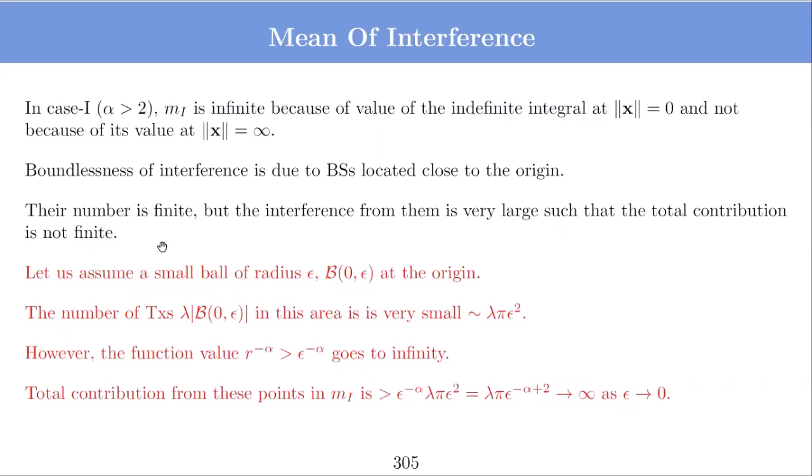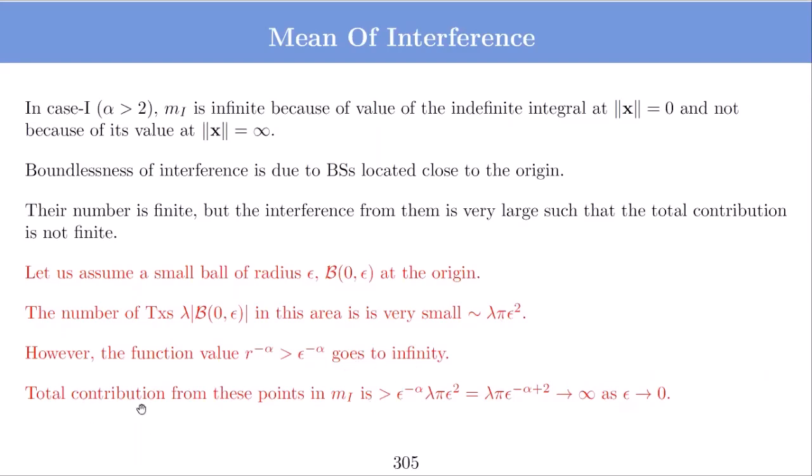Let's assume a small ball of radius epsilon at the origin. The number of transmitters in this ball is lambda pi epsilon square. The power from each individual transmitter in this area is r to the power minus alpha, and as epsilon is very small, this goes to infinity.